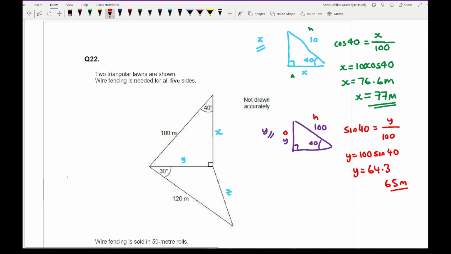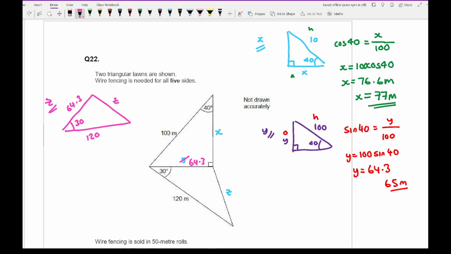Then I've got to work out what z is. For this, I'll write down that y is 64.3 to be as accurate as possible. Now for z, because it's not a right angle triangle, I need to use the cosine rule. Looking at this, this is 30, this is z, this is 64.3, and this is 120.